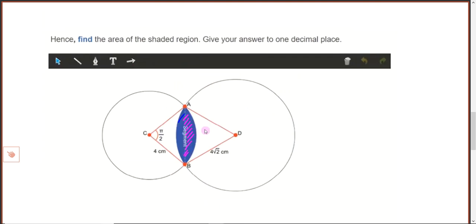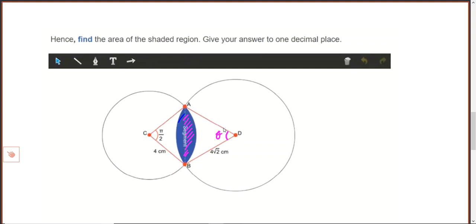That bit you've worked out is 4 times pi minus 2. So we've just got to work this out, and we're going to do it in the same method. But what we needed was the angle here, and then we can do exactly what we did before.